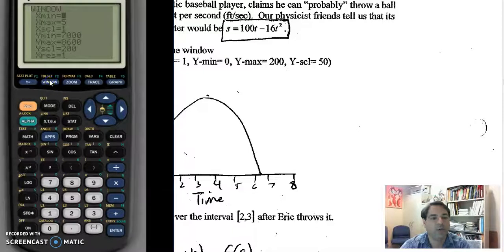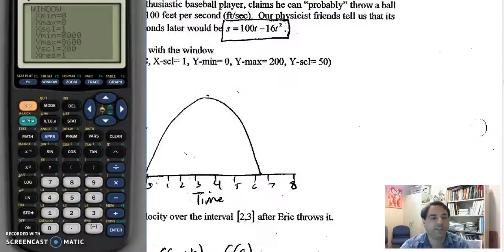And our window, remember we're throwing a ball in the air. Let's say it will take somewhere between 0 and 8 seconds to hit the ground, counting by 1 second. And our height would be 0 to about 200 feet, counting by, let's say, 50s. And we can see that ball being thrown in the air and coming back down.